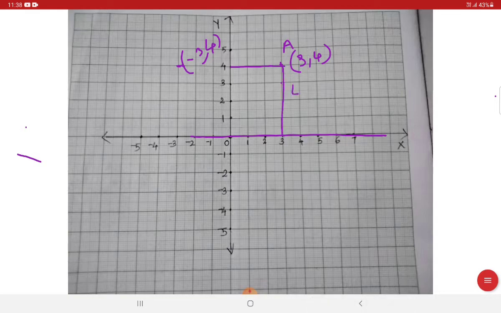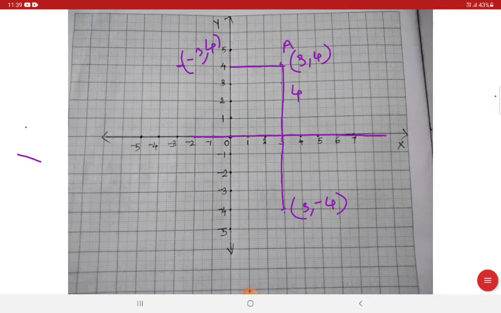It is 4 units above the x-axis at x equal to 3, so the mirror image will be 4 units below the x-axis. This is the mirror image of A with respect to the x-axis, that is (3, -4).